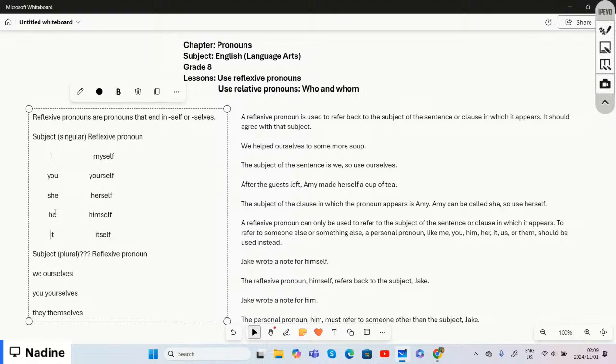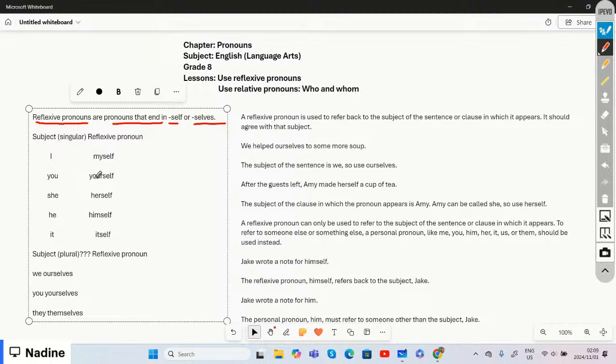In this case, we have a singular subject, I. Within a sentence, that I needs to refer back to, or myself needs to refer back to I. So I is our singular subject, and then we have myself. For example, I myself am quite content with something.